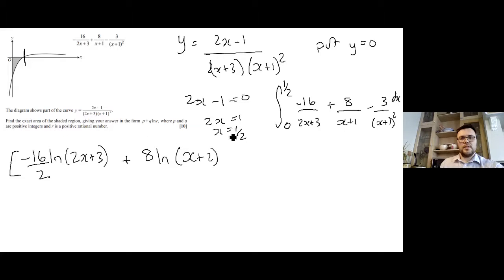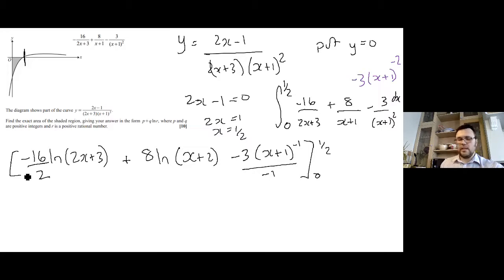And then this one, normally I rewrite it above so I don't waste space, so it's going to be 3 (x plus 1) to the minus 2, so that when I work this out, I know it's going to increase the power. So I have minus 3 (x plus 1) to the minus 1 over minus 1, and again the limits are between 0 and a half.